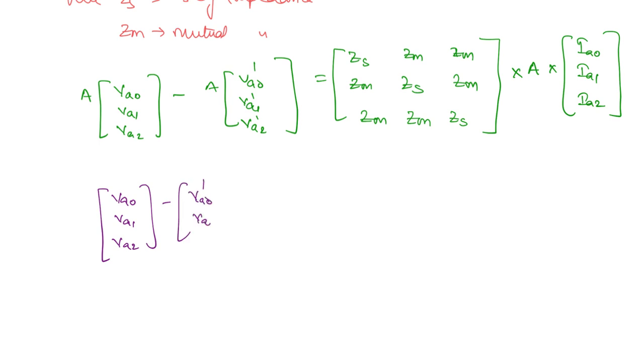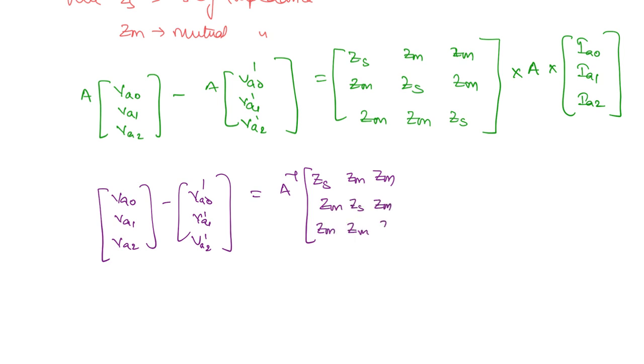VA0 dash, VA1 dash, VA2 dash. This is equal to A inverse, ZS, ZM, ZM, this matrix, same matrix, ZS, and then A, and here you will have IA0, IA1, IA2.